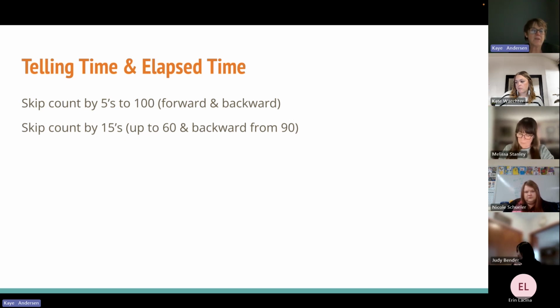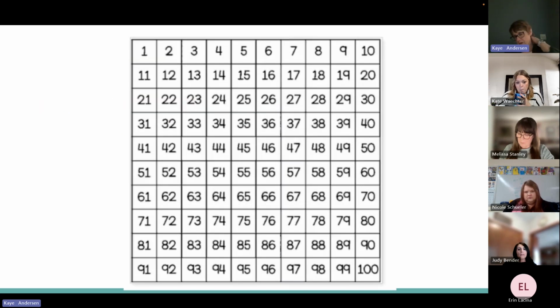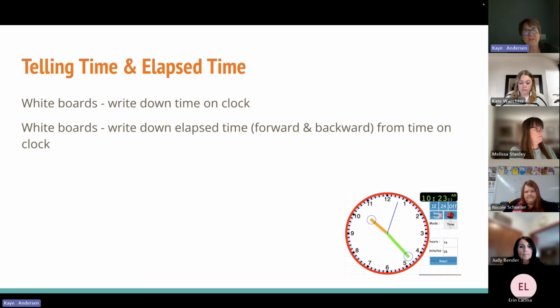So they can skip count from 5s to 100. We knew they had to be able to do that, so we practiced that. We practiced skip counting forward and backward by 15s up to 60 because a lot of the kids struggle with it. We started out with a hundreds chart, but they put together just a quick slideshow of things that they could practice once a week, here and there, not every one of them on a day.